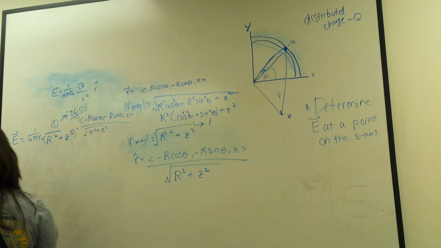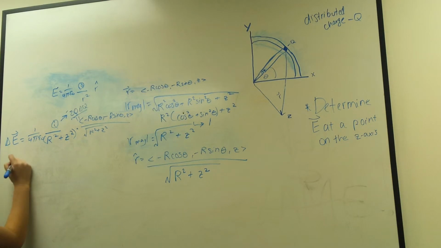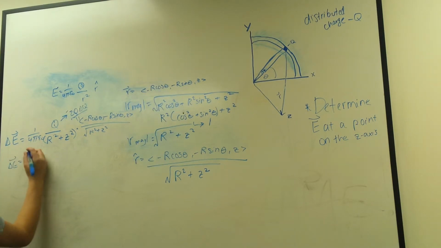After simplifying all of that, we get 1 over 4 pi epsilon naught.